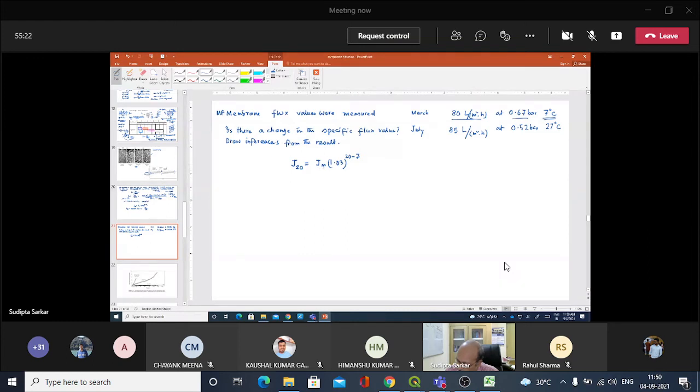At 20 degrees centigrade, what would have been the flux for this membrane?